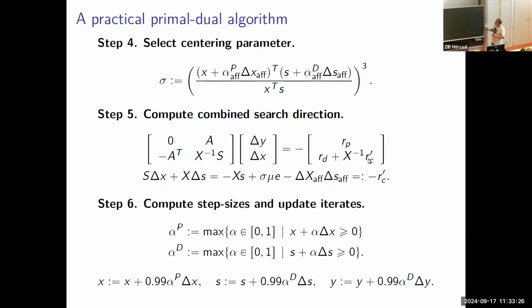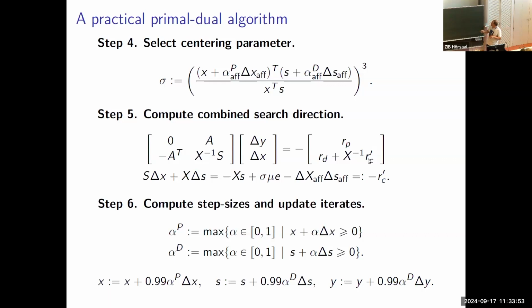But anyway, it's something like the ratio between the updated complementarity, so the updated x transpose times the updated s, normalized by the original complementarity. So the improvement in centrality to the power 3. That's an adaptive centering parameter that people have found works really well.